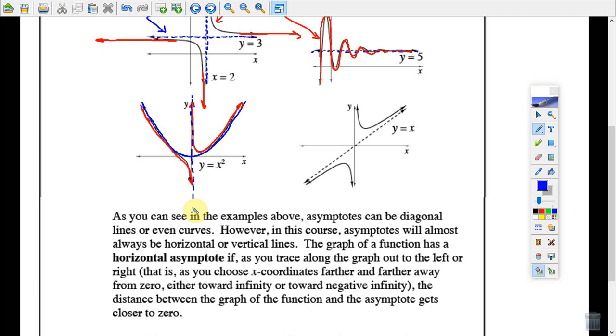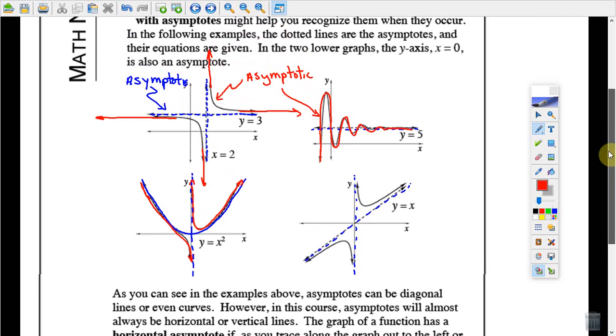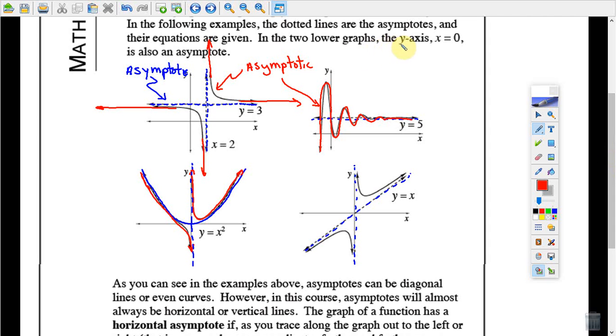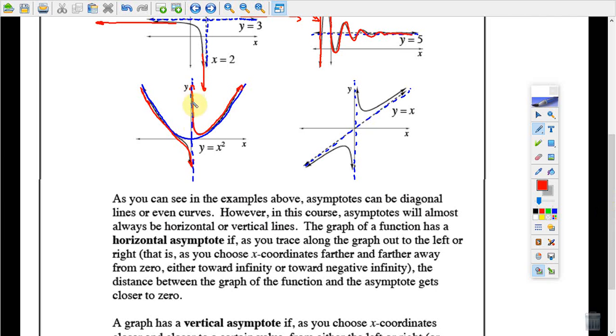We might need to see a little bit more of that to be sure of it. Here we have a diagonal asymptote. And another vertical asymptote as well. So it does tell us up here in the lower two graphs, the y-axis, or x equals 0, is an asymptote. So those were both, there's a vertical asymptote here and a vertical asymptote here.